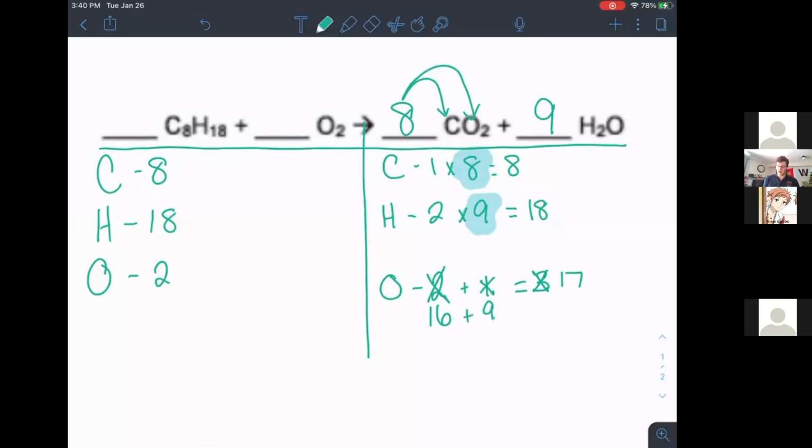So how many total oxygens do I have now? 26. 26. Careful, we're really close. 25. 25. And now my hydrogens and my carbons both match.